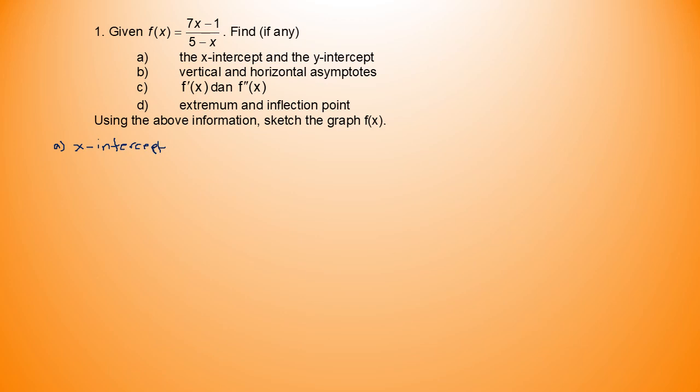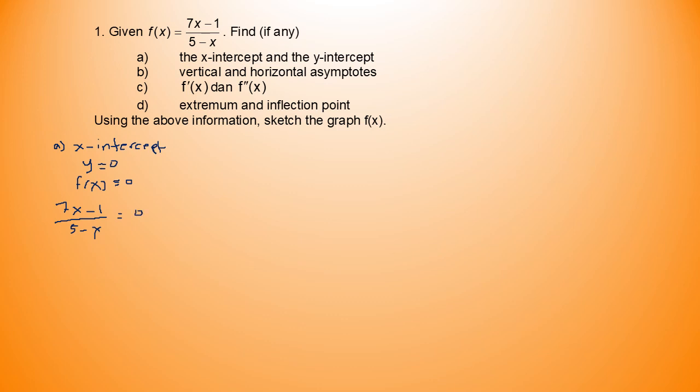To find the x-intercept, we need to set y equal to 0, or set f(x) equal to 0. So our function f(x) is (7x - 1) over (5 - x) equal to 0.